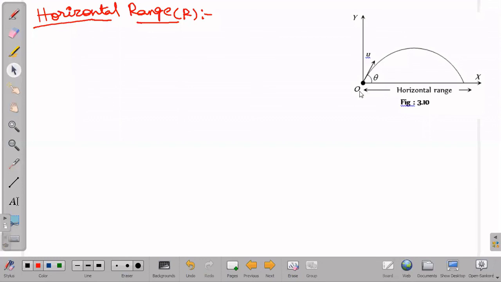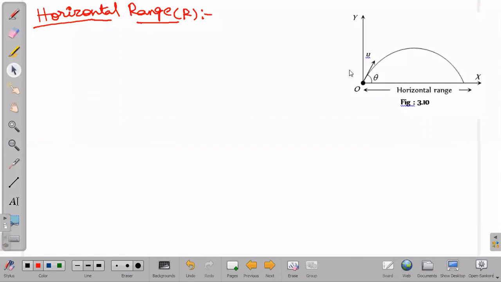As usual, we have the horizontal component u cos theta and the vertical component u sin theta. Now, what is horizontal range? From the point where it is projected to the point where it has landed, the distance between these two points we are calling the horizontal range. How much distance it can travel, that is the horizontal range.